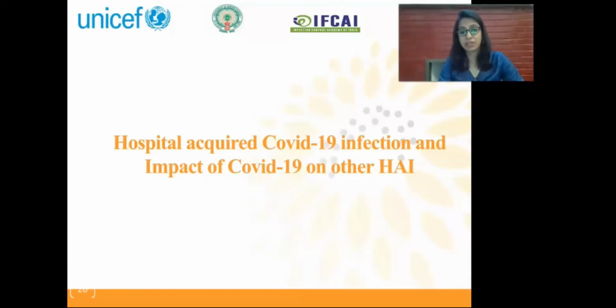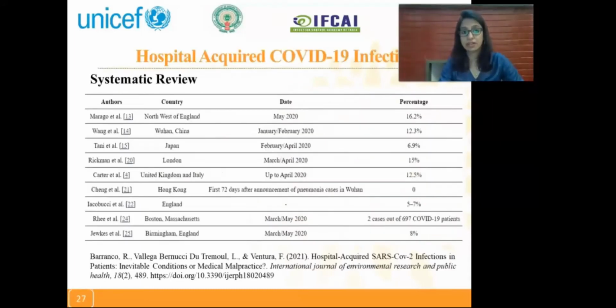Hospital-acquired infections due to COVID-19 have definitely been more, and in systematic reviews done after this pandemic, it ranges from only 5 to 7% of infections acquired in the hospital to as high as 16% of all COVID patients being due to hospital-acquired infections. So it's a big range, and the range is obviously affected by how good the infection control measures being followed in the hospital were, right?